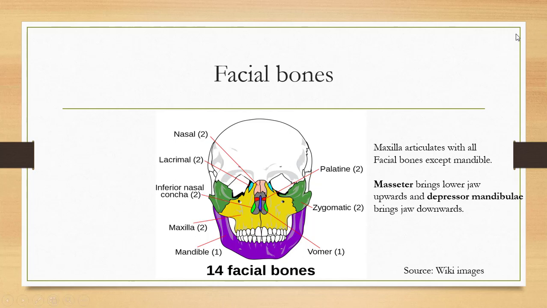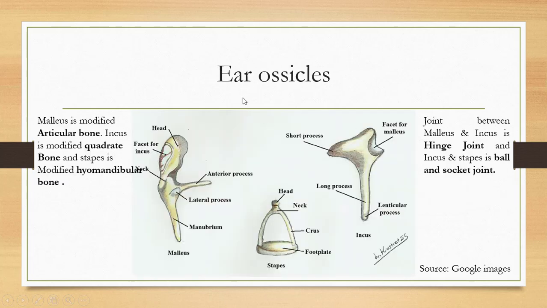Now we will look at the ear ossicles. So ear ossicles are 6 in number, 3 in each ear. And we have already discussed that there is the malleus, which looks like a hammer. Then there is the incus, which looks like an anvil. And then there is the stapes, which looks like a stirrup. Malleus is a modified articular bone.